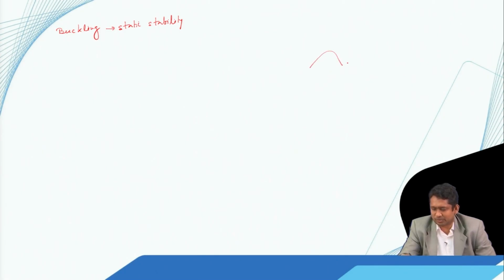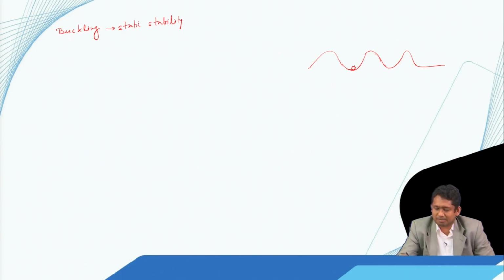So let's assume that we have a terrain like this. And this terrain is under a gravitational field. So if you put a ball here and this ball maintains equilibrium here.